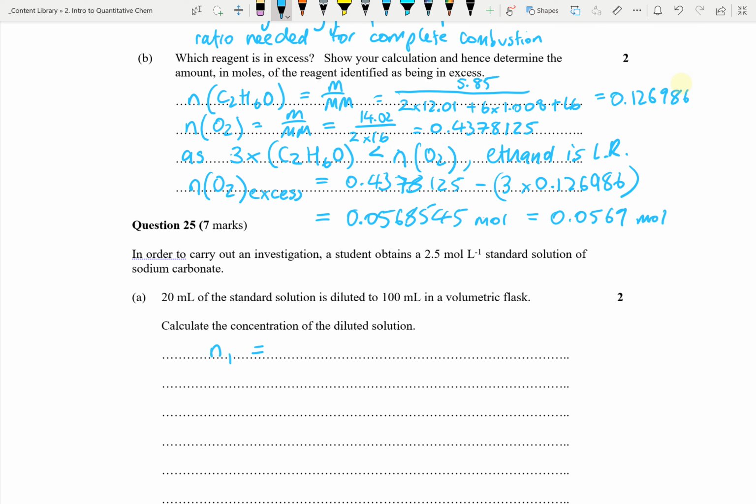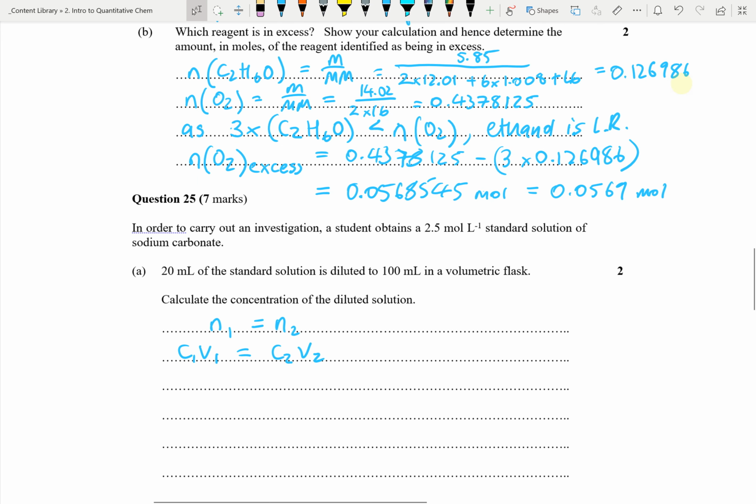All I'm doing is putting 20 mL in and adding water up to that, so the number of moles hasn't changed. All that's happened is the volume has changed.